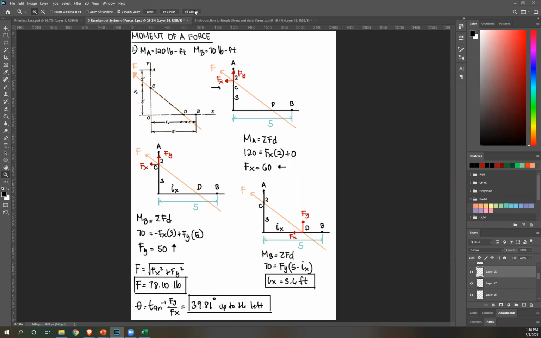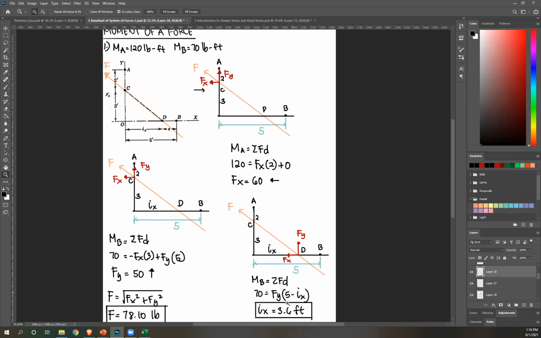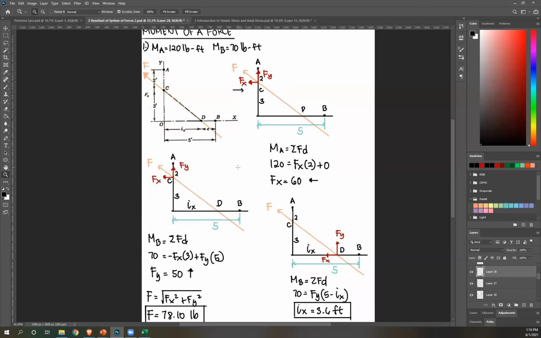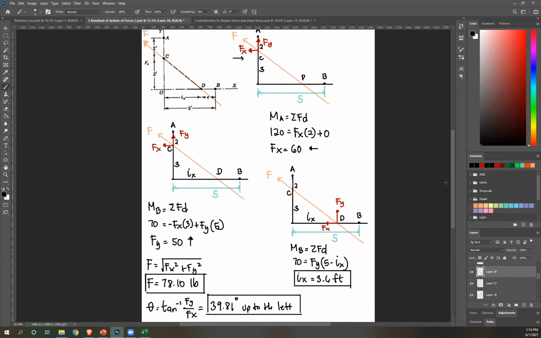Can we use moment at O? No, you can't because we don't know what is the moment about O. In the initial solution, you can't yet, because again, you don't know moment about O, it's not given. However, since we know Fx and Fy here for this third problem, you can use moment about O. And then you just have to solve for it.